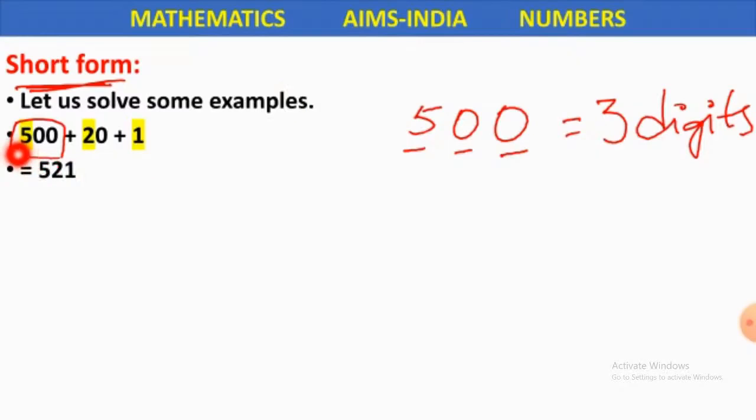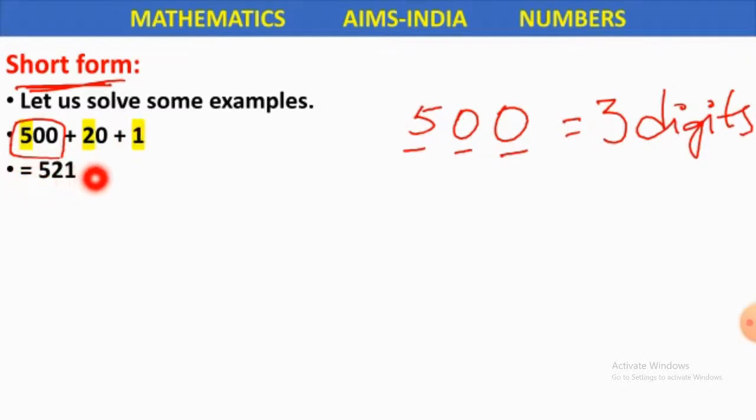Like again, as we have done with general knowledge, we took the first letter of general, which is G, and the first letter of knowledge, which is K, and put together as GK, short form for general knowledge. In the same way, here we will take the first digit of each number. 5 from 500, 2 from 20, and 1.